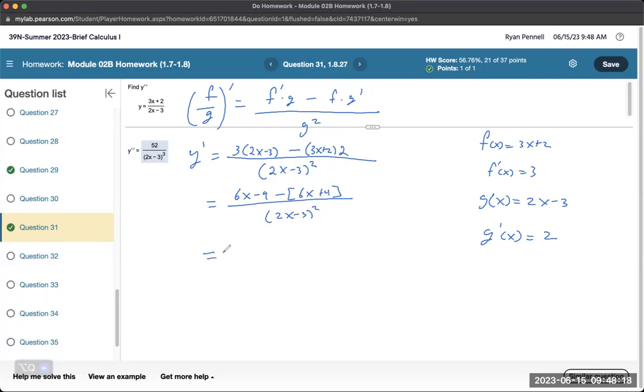Okay. 6x minus 6x goes away. And I've got to watch my 4s and 9s. That's negative 9 minus 4. So that gives me negative 13 over 2x minus 3 squared.